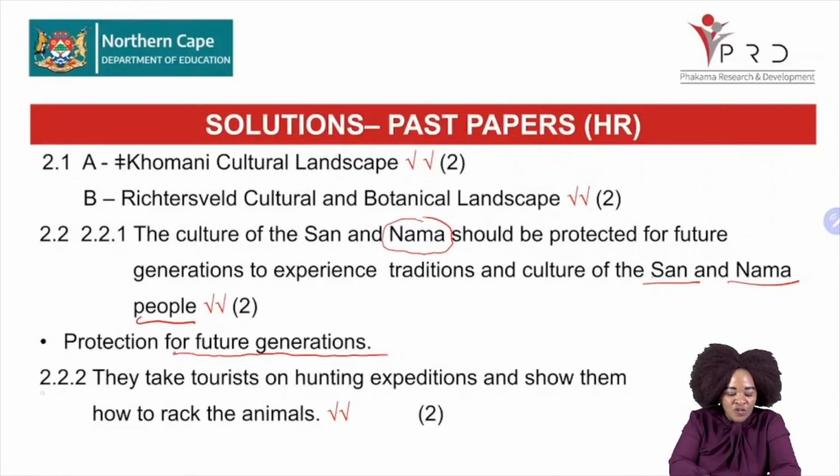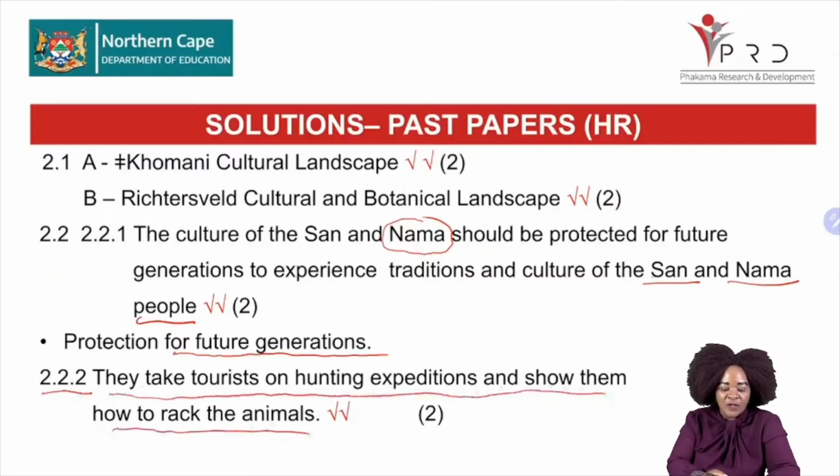And then question 2.2, they take tourists on hunting expeditions and show them how to wreck the animals. Those are the Nama people. They're still doing that. Remember, they're still living their nomadic life, whereby they still hunt and gather whatever they want to eat.